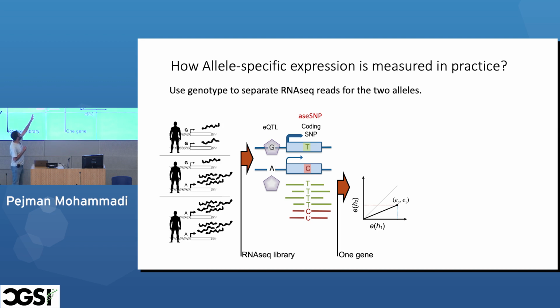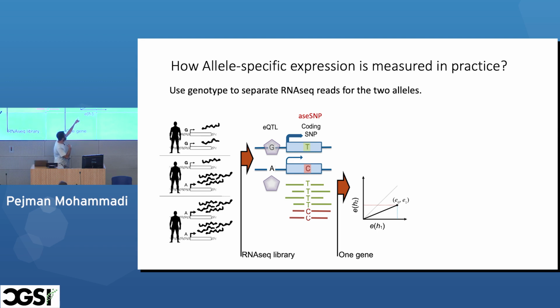You have a gene, you get lucky, there is a heterozygous variant that happens to be in the transcribed region of that gene. Now, when you go to your RNA sequencing reads, you can look at all the reads that align to that location and separate them for the two haplotypes based on that specific heterozygous SNP that you got lucky and had there, okay?